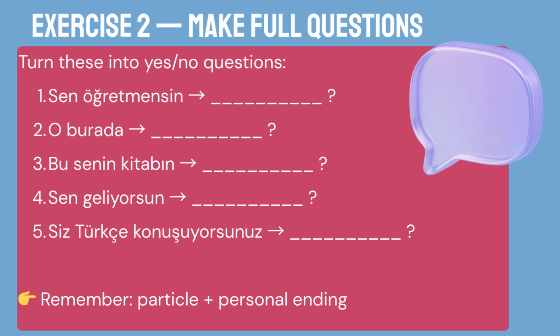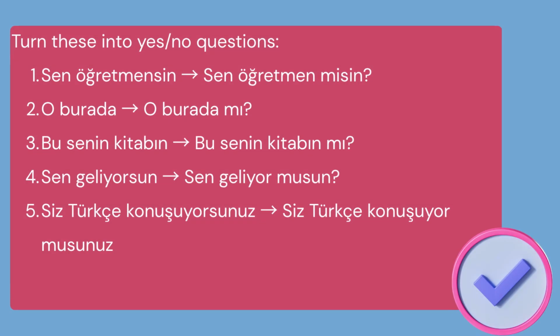So let's see the answers. So here we have sen öğretmensin will turn into sen öğretmen misin? O burada. O burada mı? So we have o, that means that we don't have any personal ending.